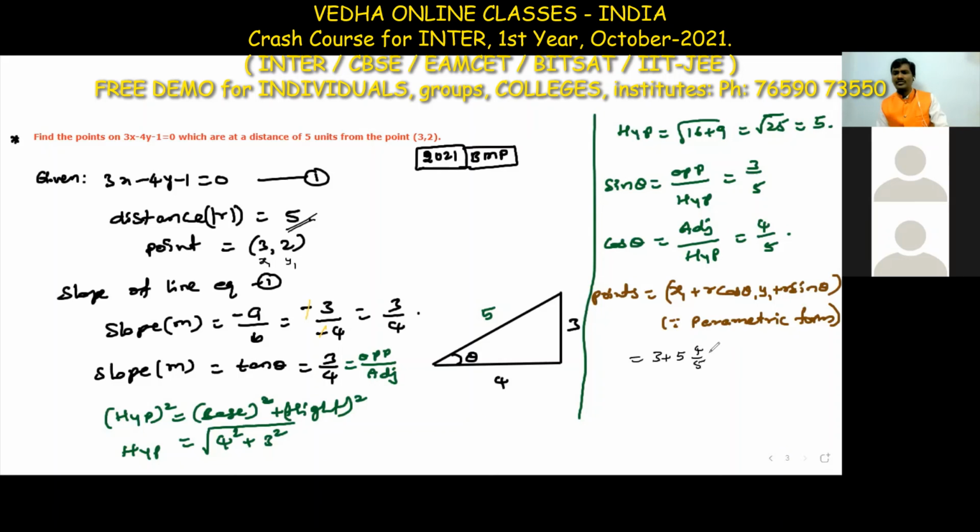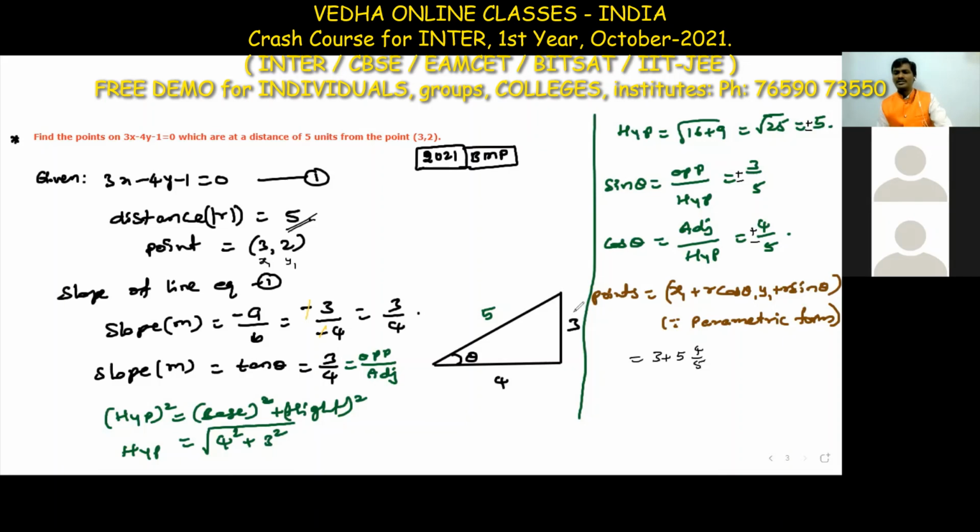We are getting only one point, but we have another possibility here. He is asking for the points, so we can take plus or minus 5, giving plus or minus possibilities.